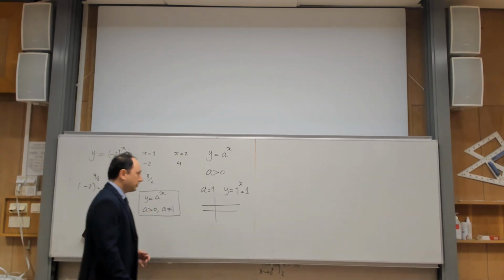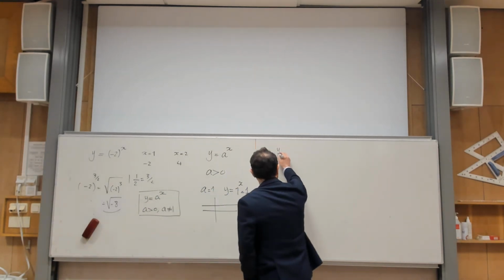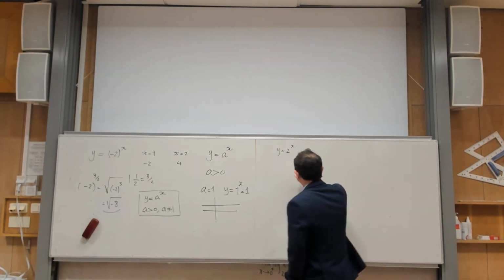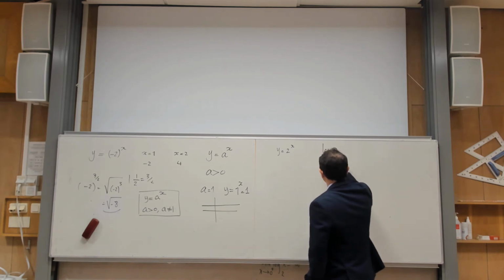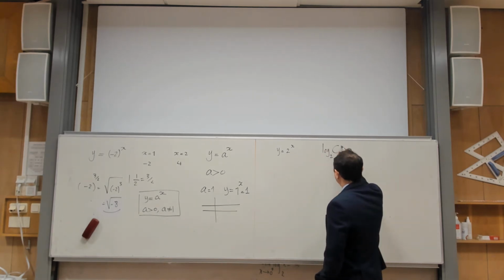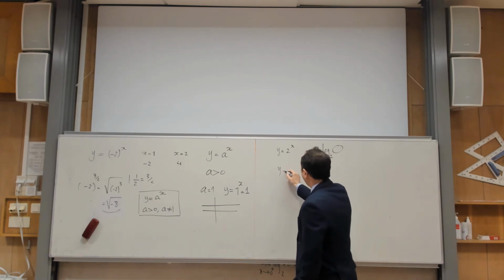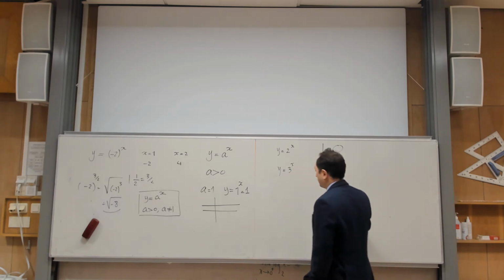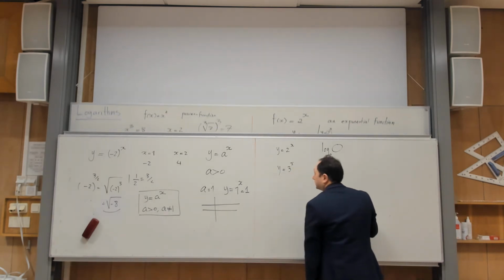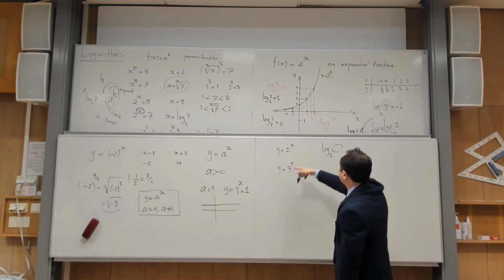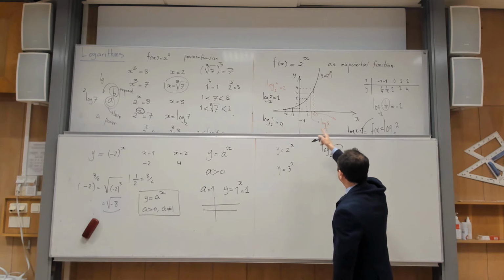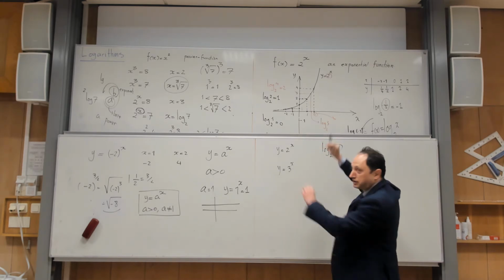For example, let us consider y equals 2 to the power of x. Using this graph, I was able to talk about the logarithm in base 2. Now, if I tell you y is 3 to the power of x and draw the graph for you as before, the graph is more or less similar, but of course with different numbers.